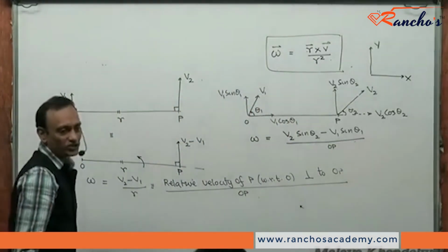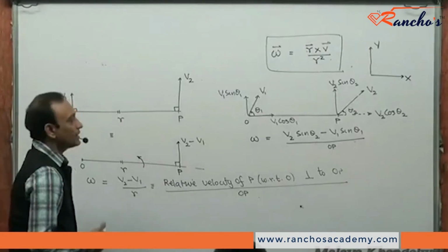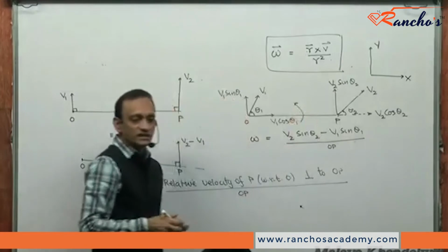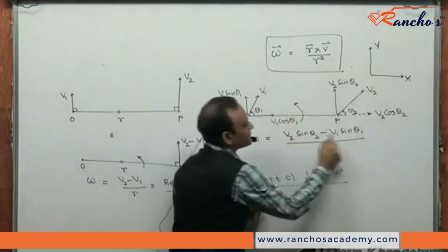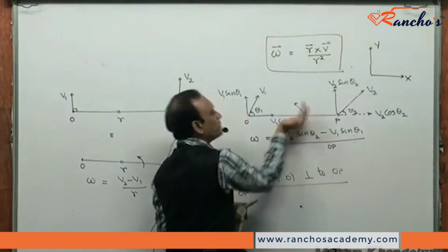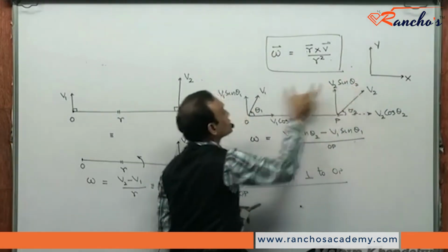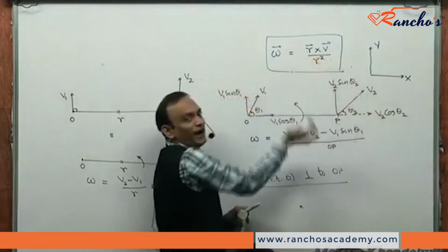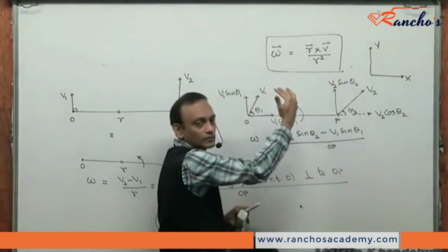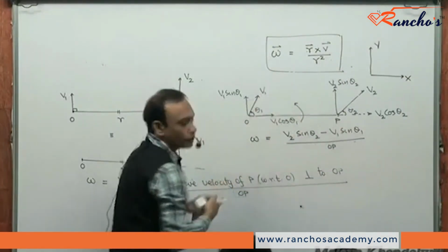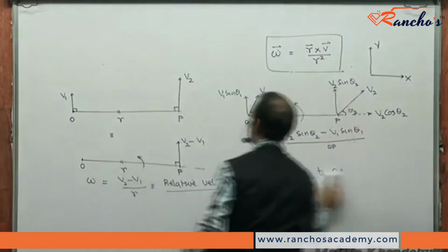That's going to be the angular velocity, and this is in this sense. So if V2 sin theta 2 minus V1 sin theta 1 is positive, then OP will rotate this way. That means if this velocity is more than this velocity, then OP will reorient itself anti-clockwise, right? That means P will be higher than O. Do you realize what I'm saying? I'll conceptually explain this.